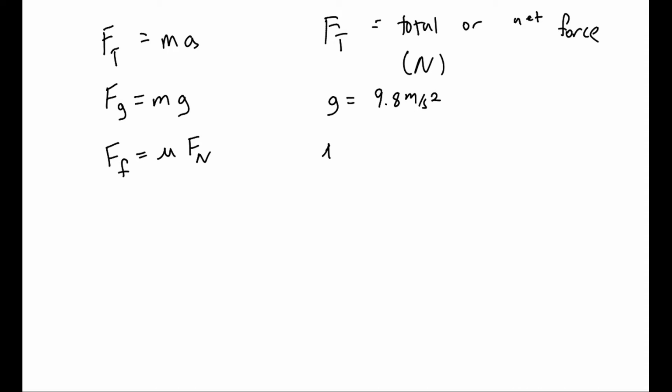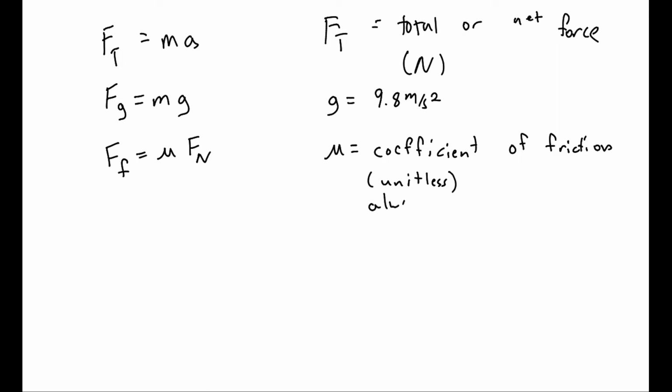Mu is unitless, because it's just a ratio between the force of friction and the normal force. And it's also always between 0 and 1.